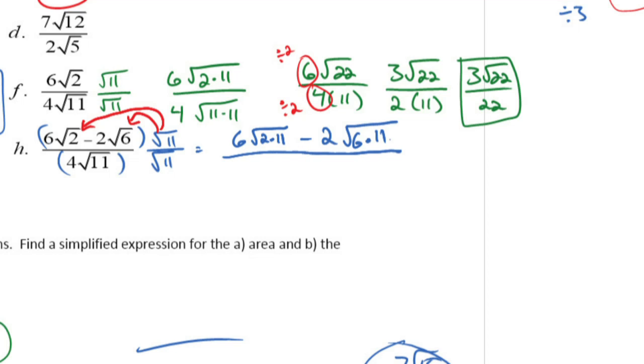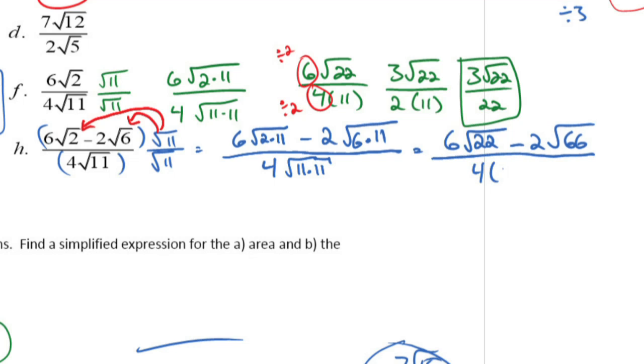On the bottom, I'm going to have 4 times root 11 times root 11, or both 11s under there. Okay. I'm just going to write down everything, and then I'll simplify at the end. So 6 times square root of 22, minus 2 times square root of 66, over 4 times 11.